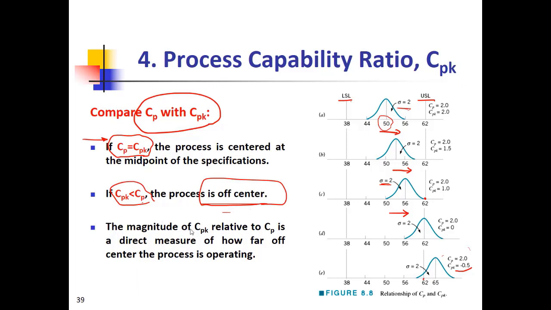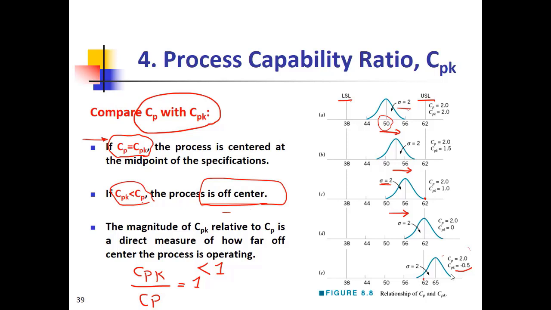The magnitude of this ratio, CPK to CP: if it's 1, it is good. If it is smaller than 1, it is not good. It can even be negative, right?